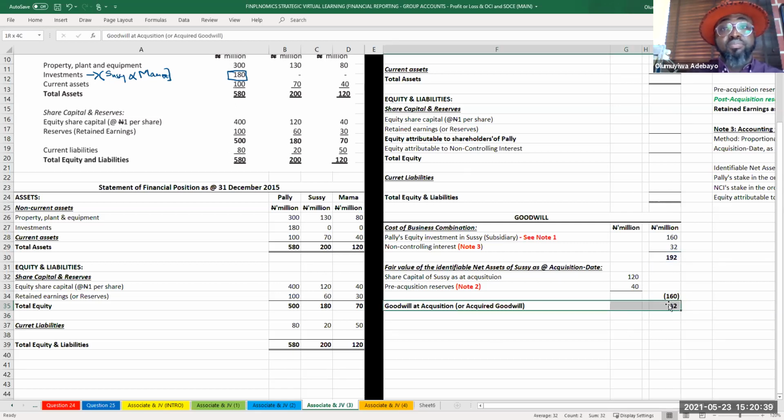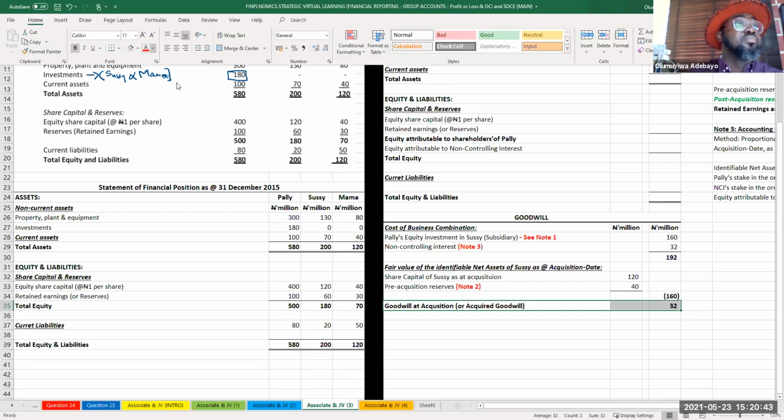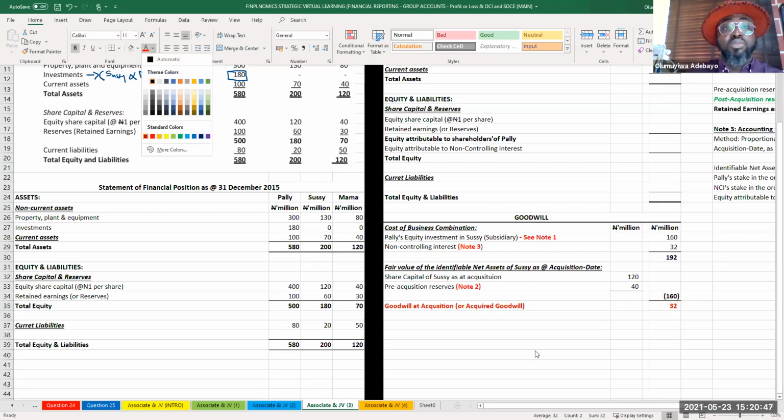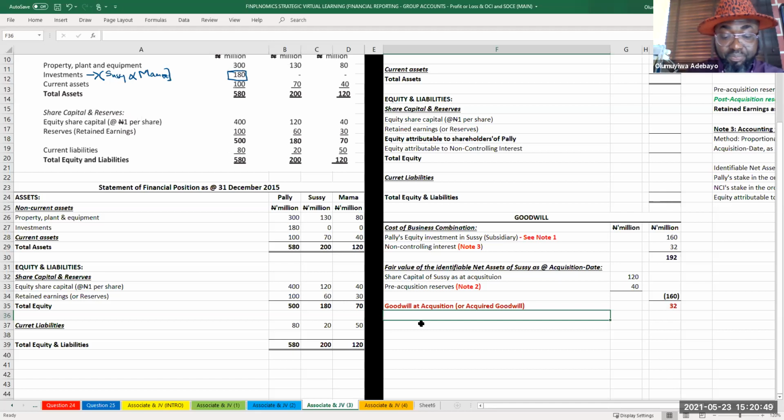These are goodwill. Now, is there impairment? We deduct impairment loss if any, but I don't think the question has impairment loss. But let me show you here by way of template on goodwill.